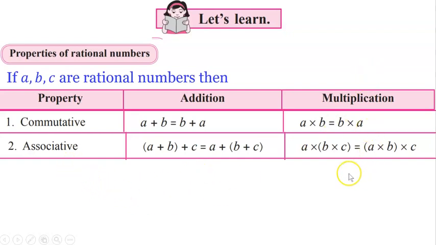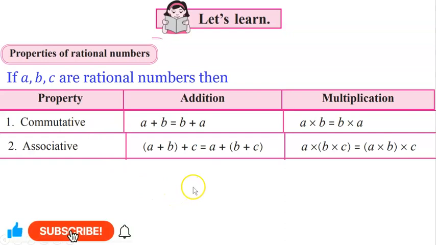Multiplication is also associative. That is a into, in bracket, b into c, is equal to a into b, multiplied after by c. Then again both sides are equal, and hence multiplication is associative for rational numbers a, b, c.